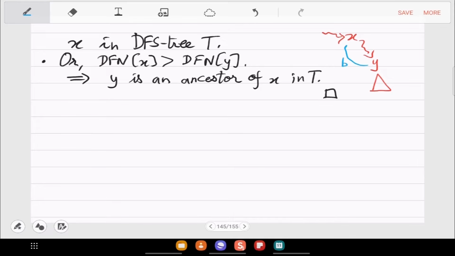So there are two kinds of edges. Either x to y is a red edge, which is the tree edge, or it's a back edge, in which case it is always this second picture, where you have this ancestor-descendant relationship. Any questions?